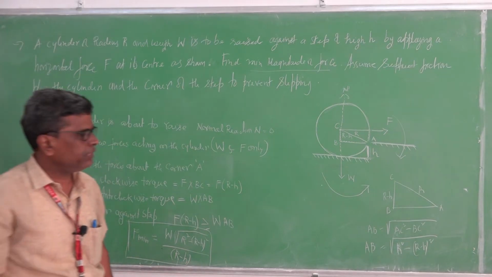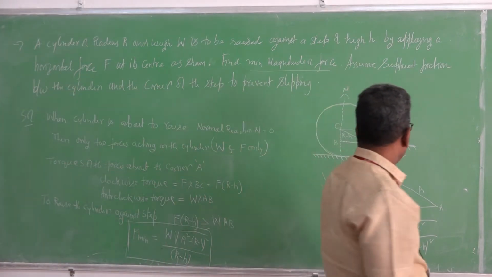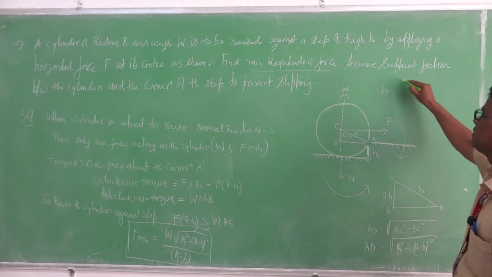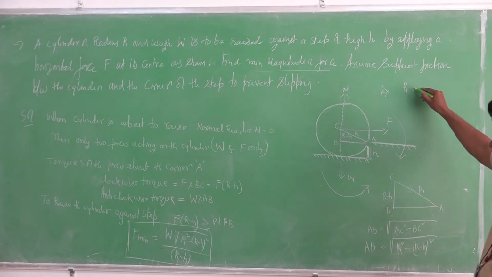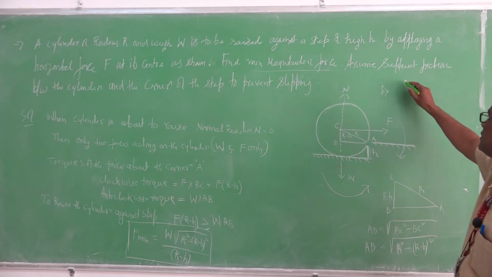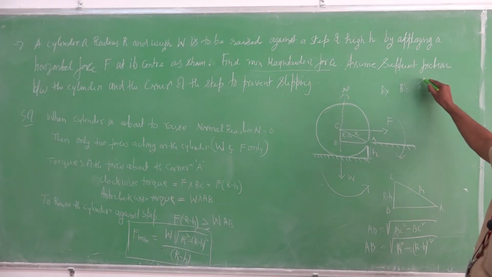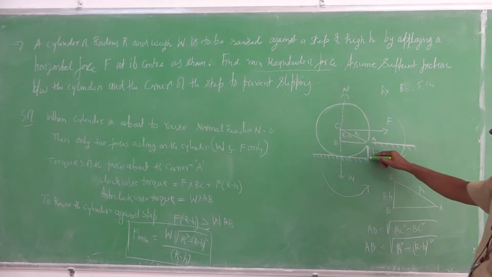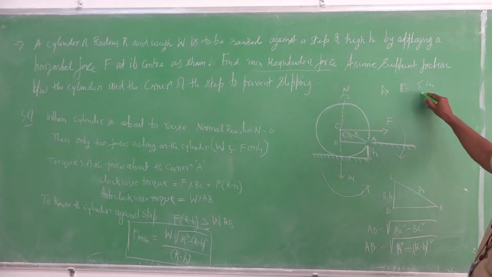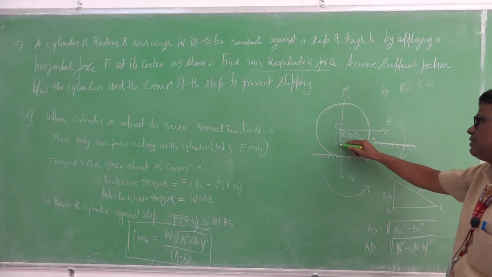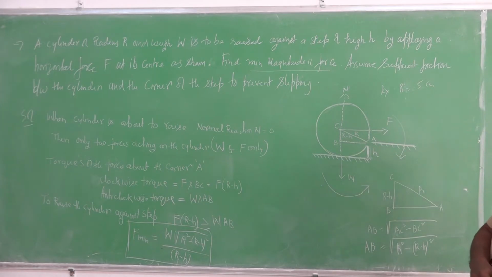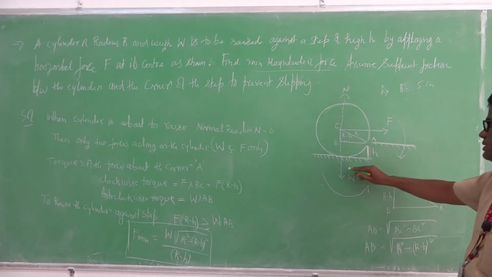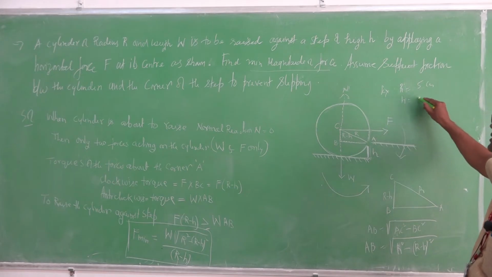You take this as the required condition. Suppose, for example, the radius of the cylinder is 5 centimeters. This is 2 centimeters, so this height is 3 centimeters.